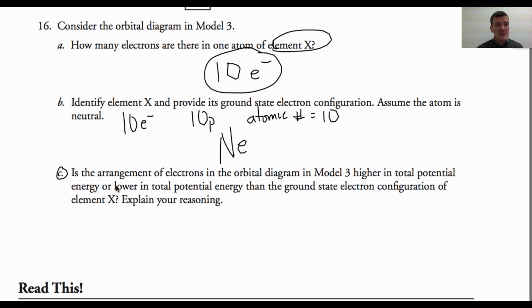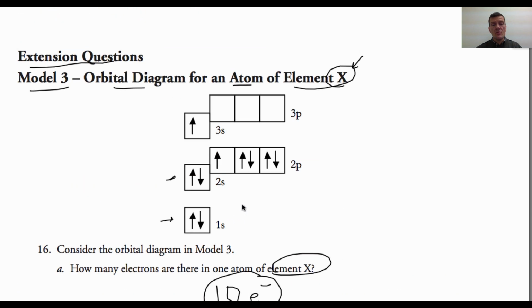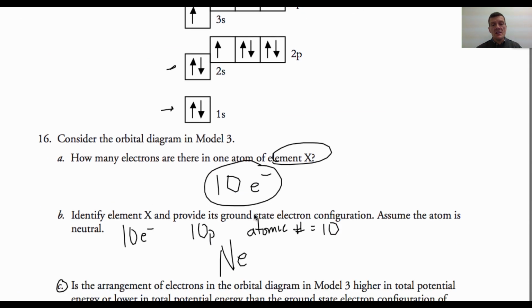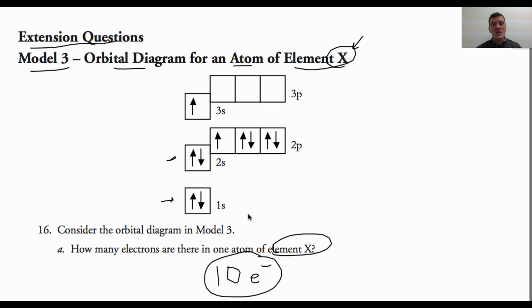And C, is the arrangement of electrons in the orbital diagram in Model 3 higher in total potential energy or lower in total potential energy than the ground state electron configuration of element X? Explain your reasoning. So what we see here is, if we have 10 electrons, we would have expected that this position right here be full, but it's not.